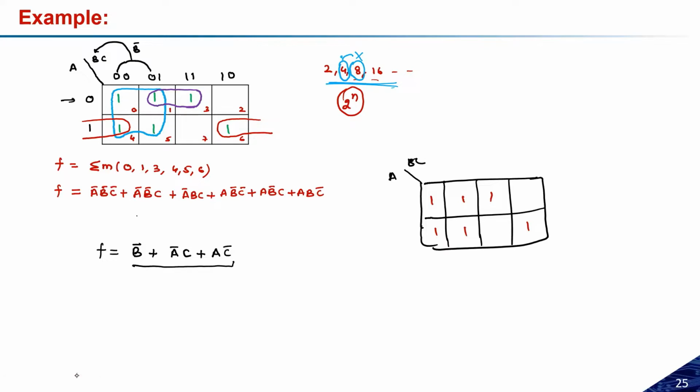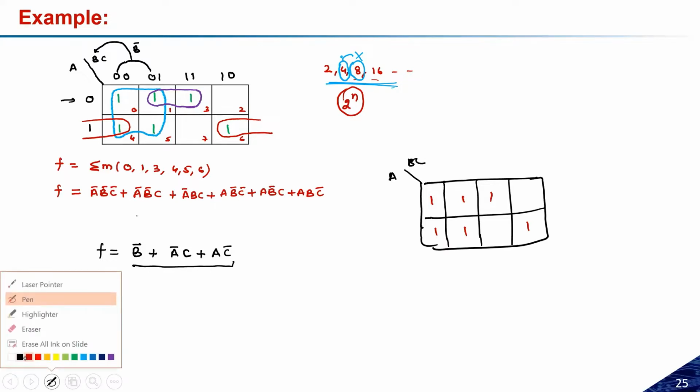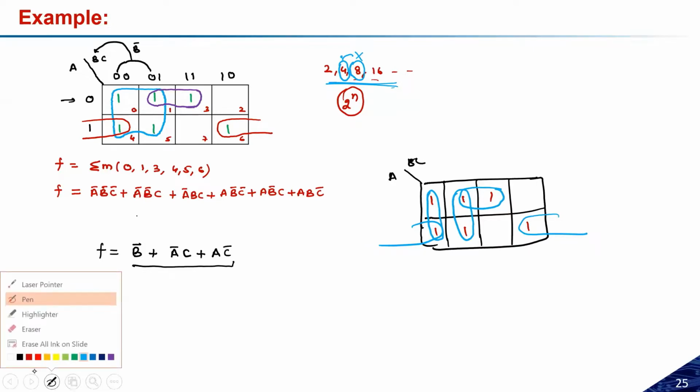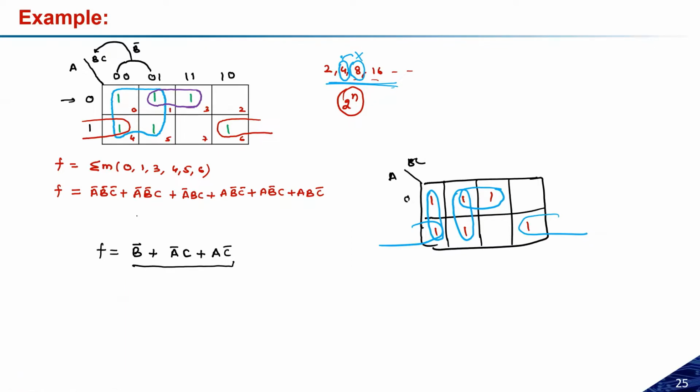If we try to make pairs, let us assume I can make a pair of this one, this one, this one, and this one. So this is also possible. Someone says, okay, I have made pairs of all these things without considering the bigger pairing or the quad. If I try to simplify this, can anyone tell me what will be the output function for this one?